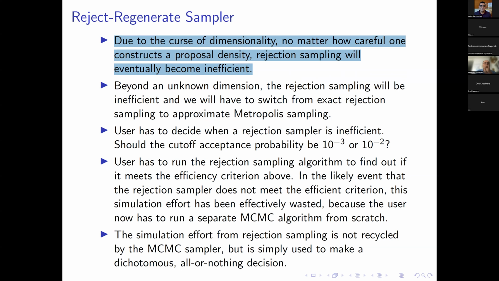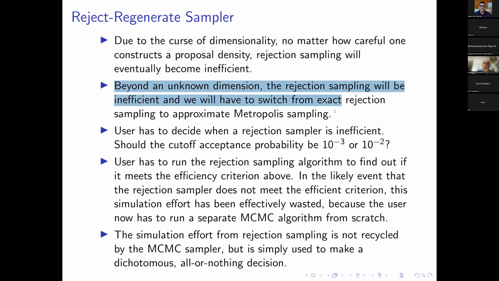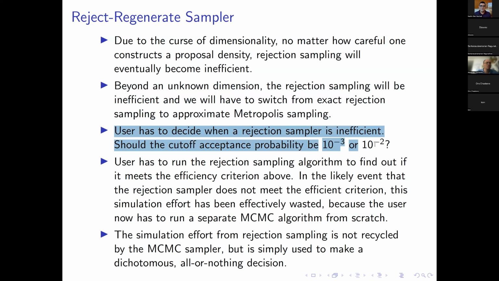For example, as I said, rejection sampling is efficient up to a certain dimension, and then we have to use MCMC because rejection sampling becomes inefficient in high dimensions. So as a user, you have to decide whether you want to transition from rejection sampling to regenerative sampling.